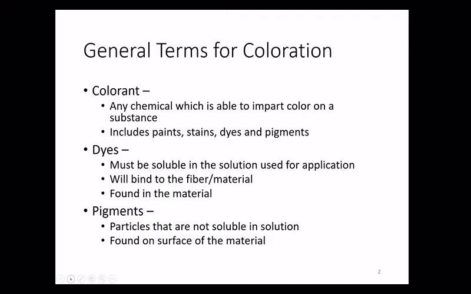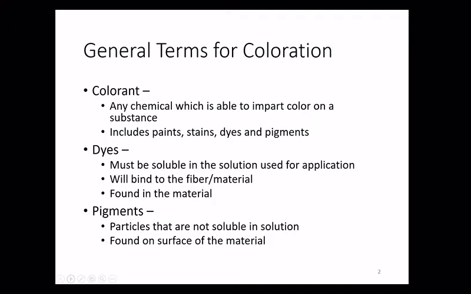And so I break these down into 3 points, 2 of which we're going to focus on in this part of the lecture. Those are dyes, which must be soluble in a solution to allow it to be applied. And the dyes are going to get in and bind within the fiber itself. And so this is going to be found in the material. It doesn't sit on the surface, but it actually sort of incorporates itself into that.